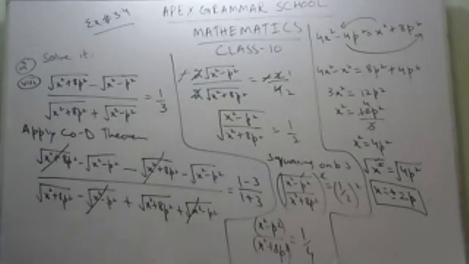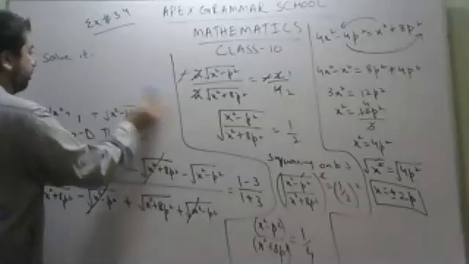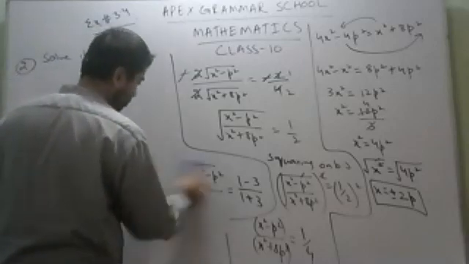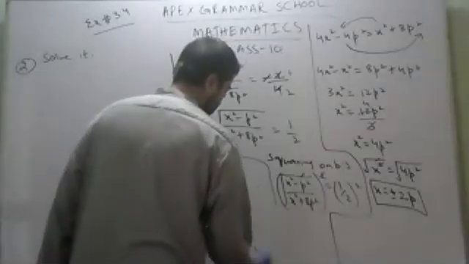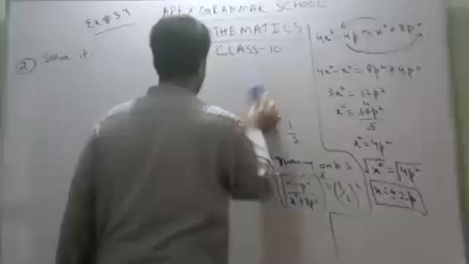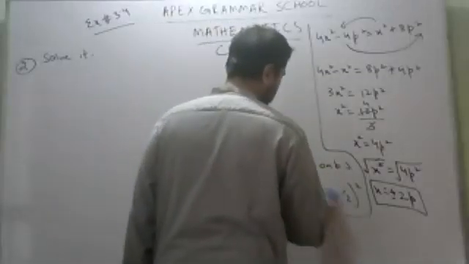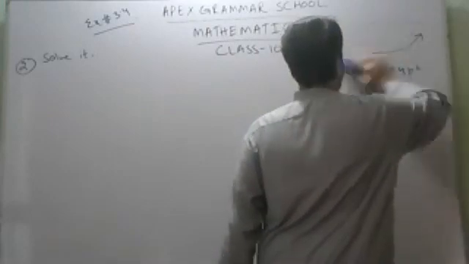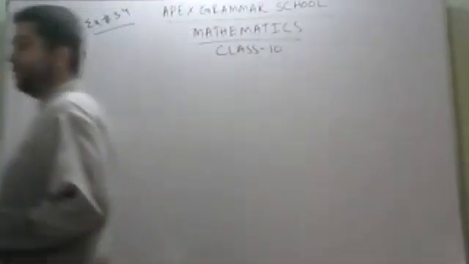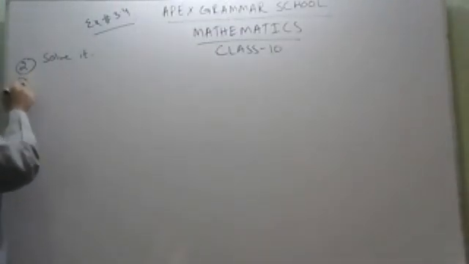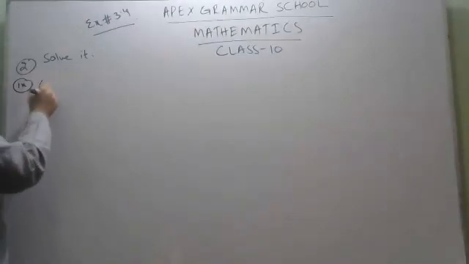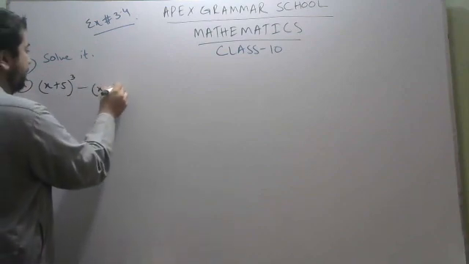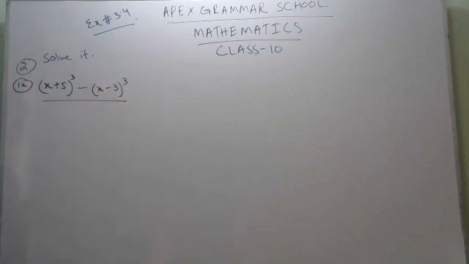The last part of this exercise is: x plus 5 whole cube minus x minus 3 whole cube divided by x plus 5 whole cube.